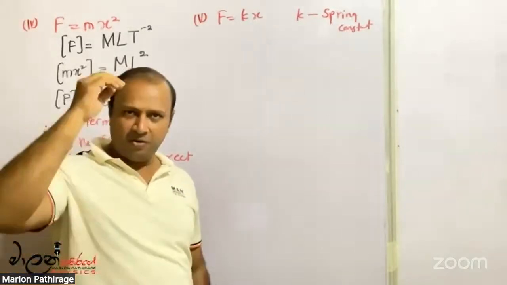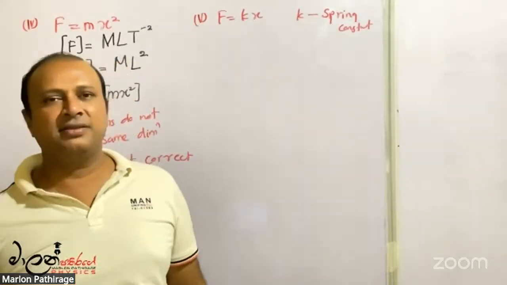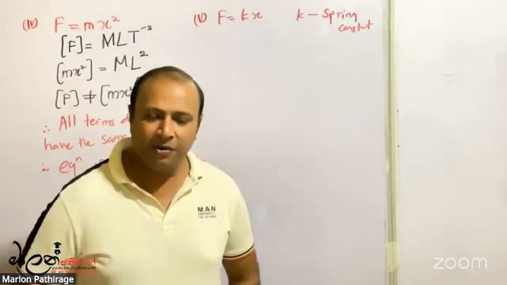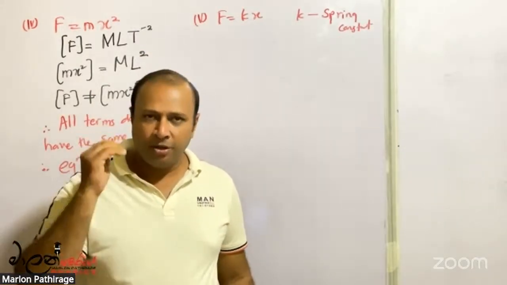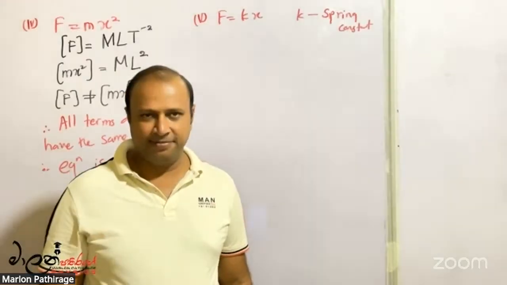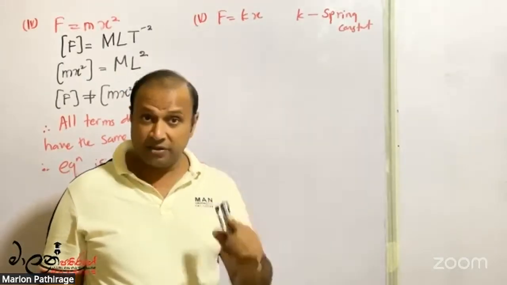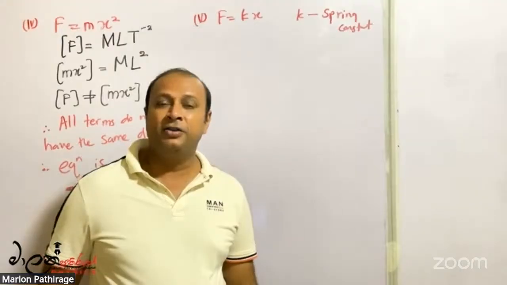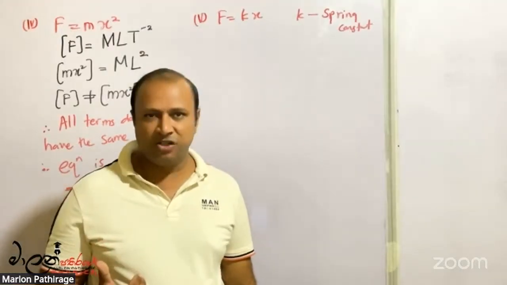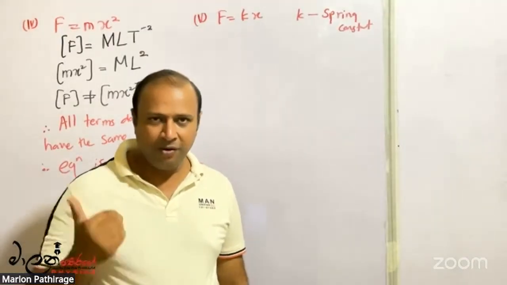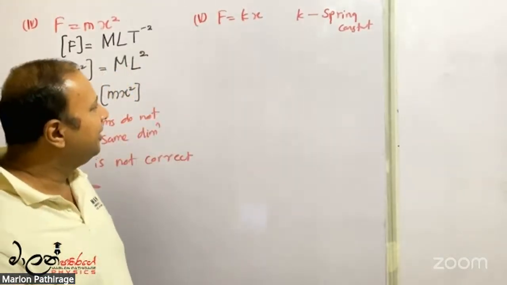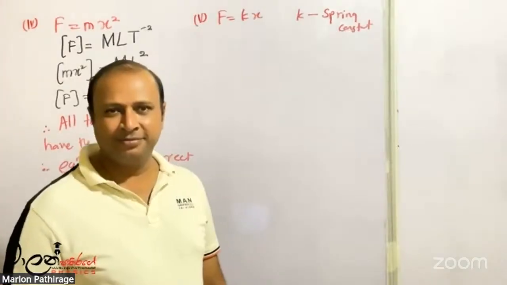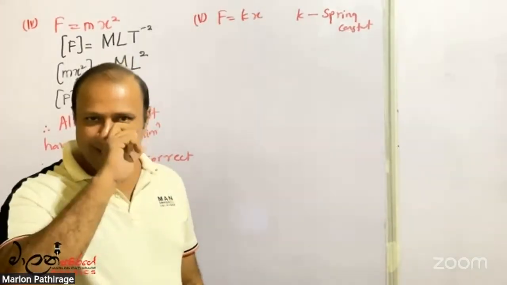So if you have done the previous question, that means if you have determined the dimensions of each physical quantity. In the first question, you had to find the dimension of each physical quantity. So if you go through that question, there was a spring constant, then you can apply that value.